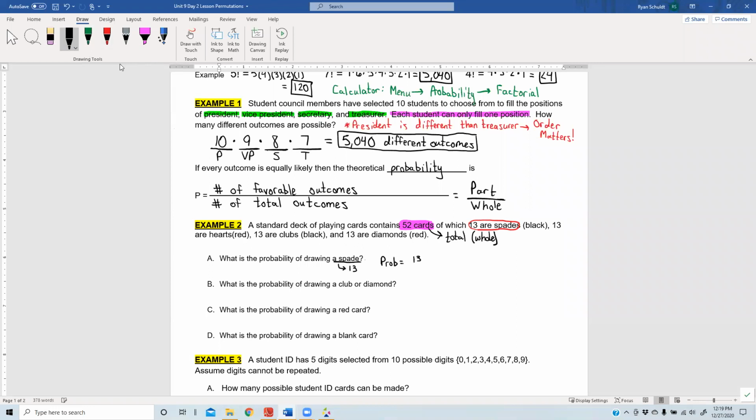Now, when you do probabilities, you always want to reduce the fraction if that's what you're going to use as your final answer. 13 over 52 reduces to 1 over 4. Or you could also put it as a decimal. 1/4 is equal to 0.25 as a decimal. There's your answer.